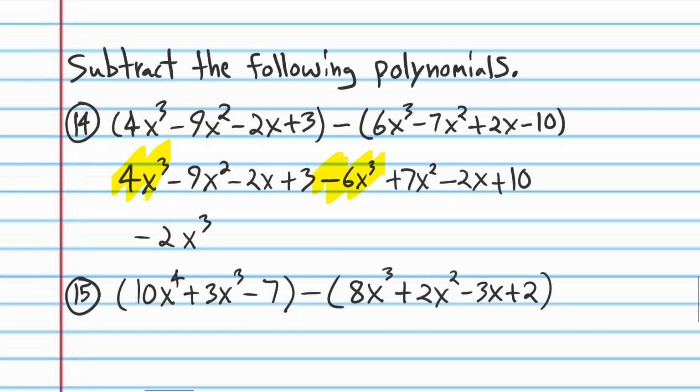And let's see here. Negative 9x squared plus 7x squared is negative 2x squared. Negative 2x plus negative 2x is negative 4x. And 3 plus 10 is 13. And there you go.